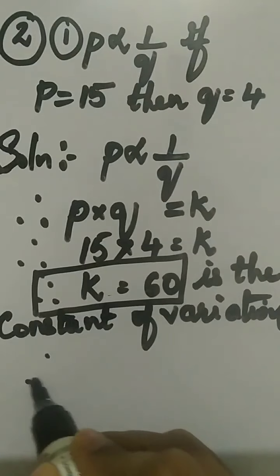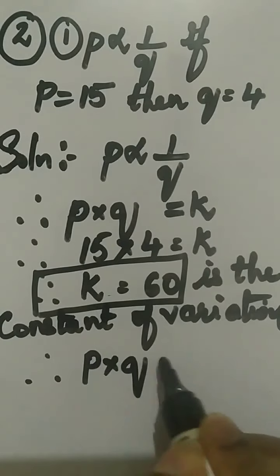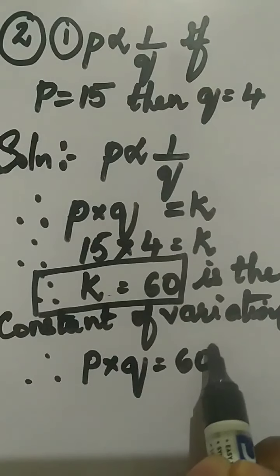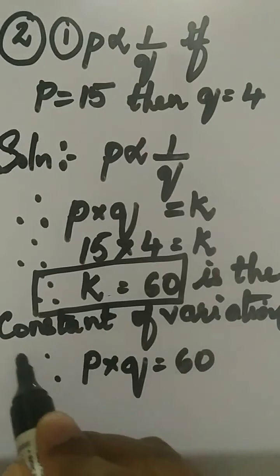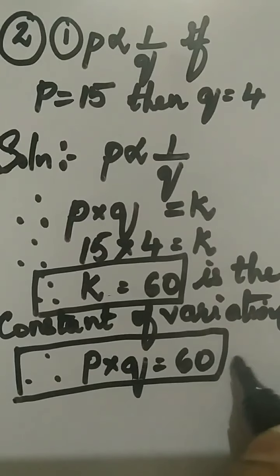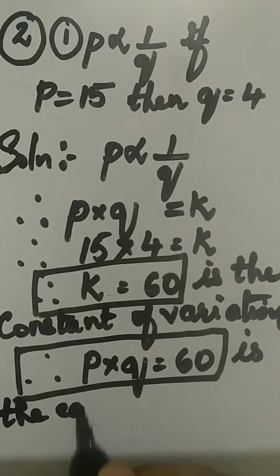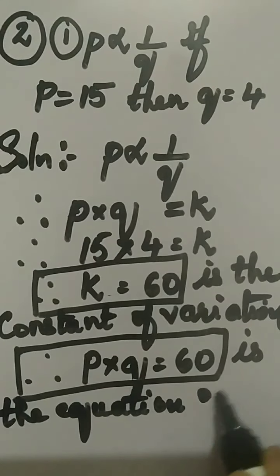So therefore P into Q is equal to 60. K is 60. So P into Q is equal to 60. Put it in a box. This is the equation of variation.